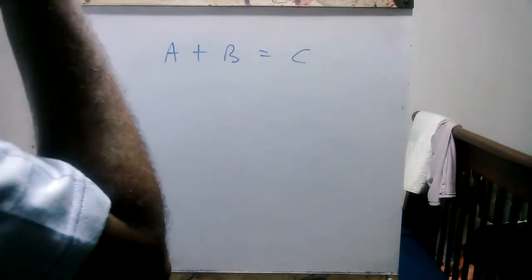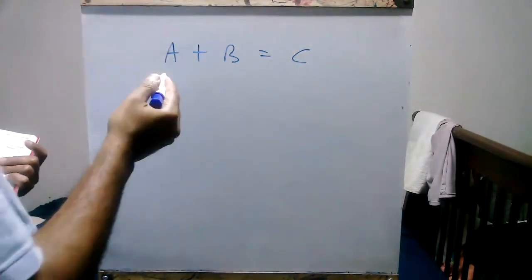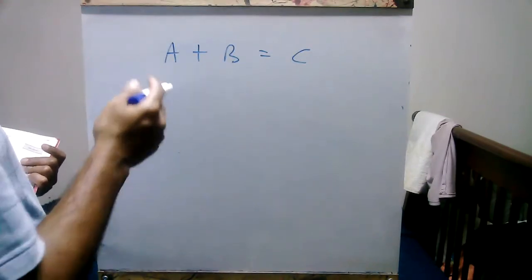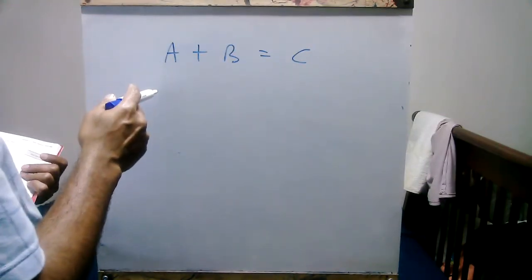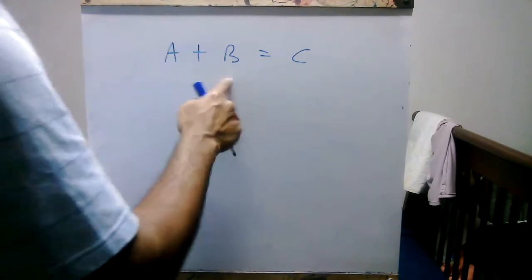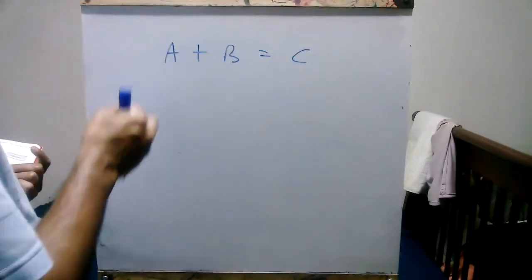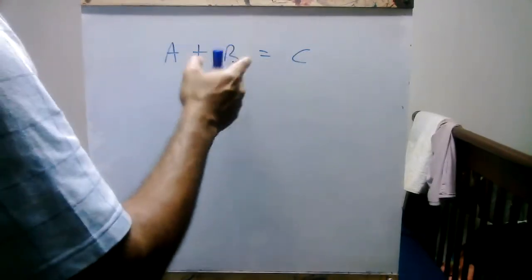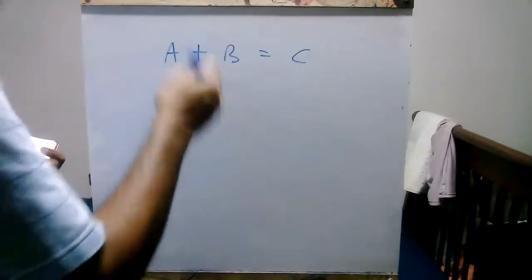Now if you want to find a, you simply minus b here, minus b here. But in case of matrices, we have to write it on the same side.